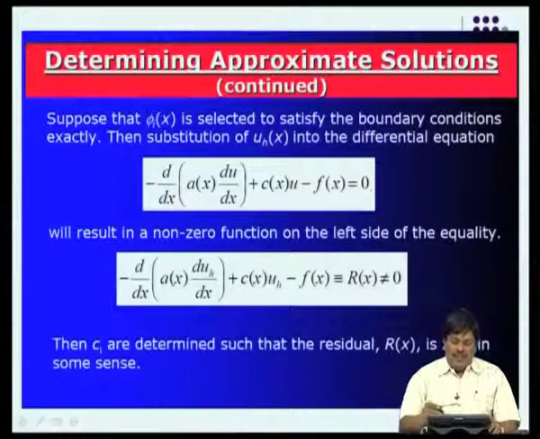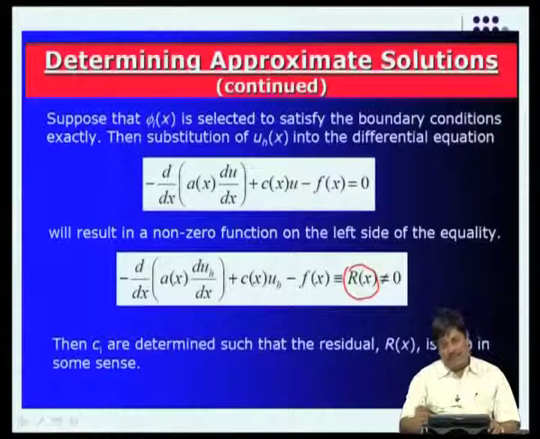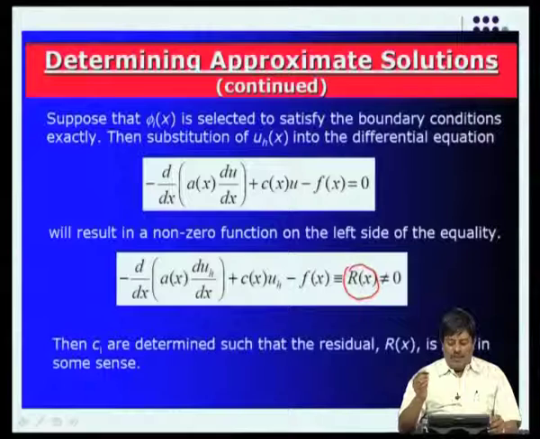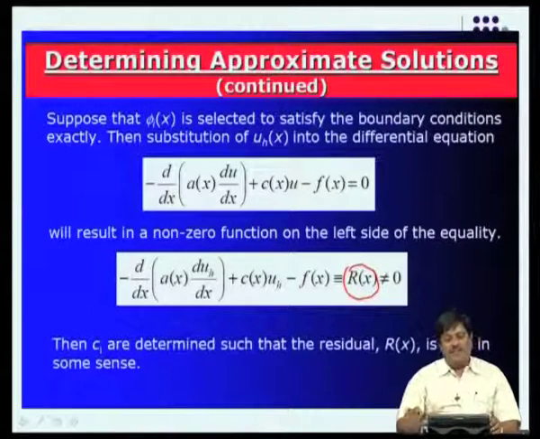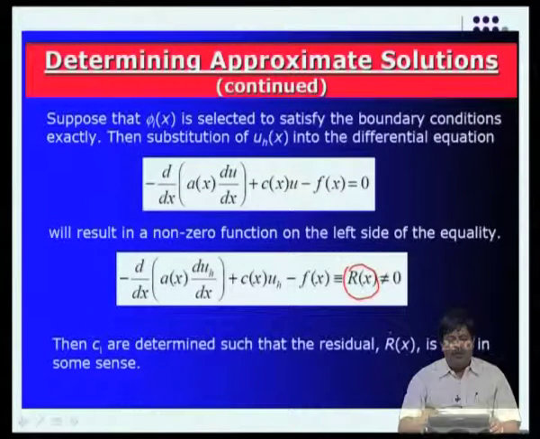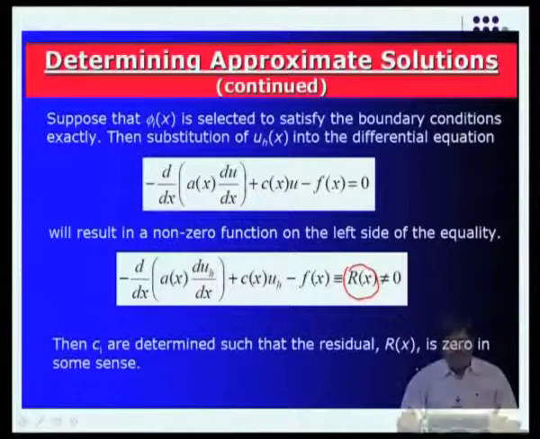So, this will result in some residue which we call R of x, because it will not be satisfied exactly. So, our objective is to choose the Ci's in our summation in such a way that the residue R of x is minimized or goes to 0 in some sense.